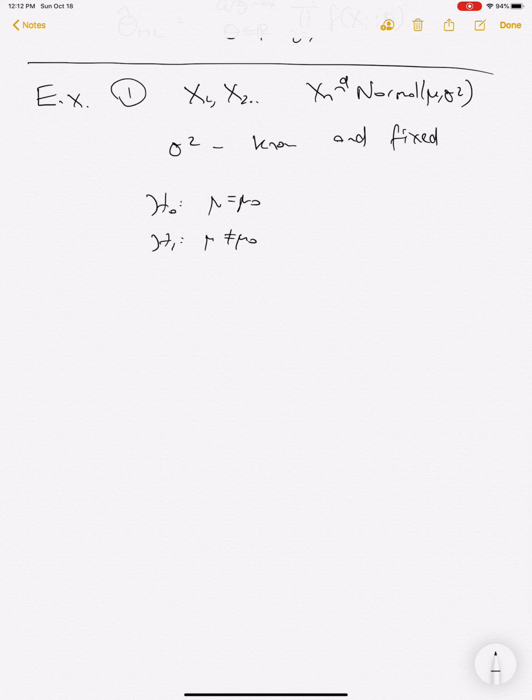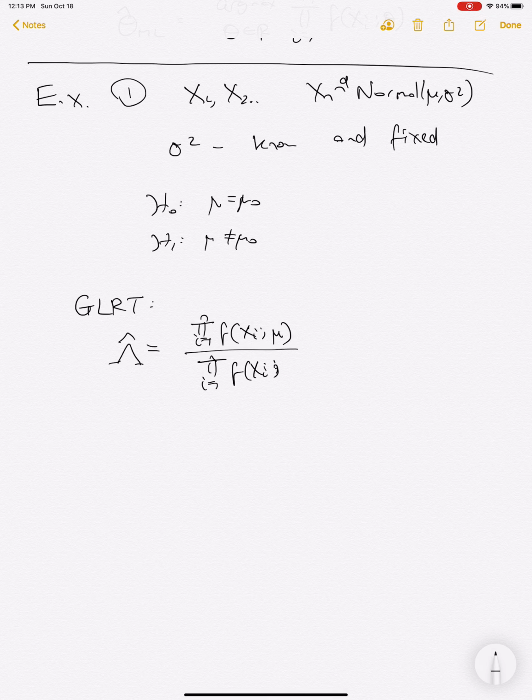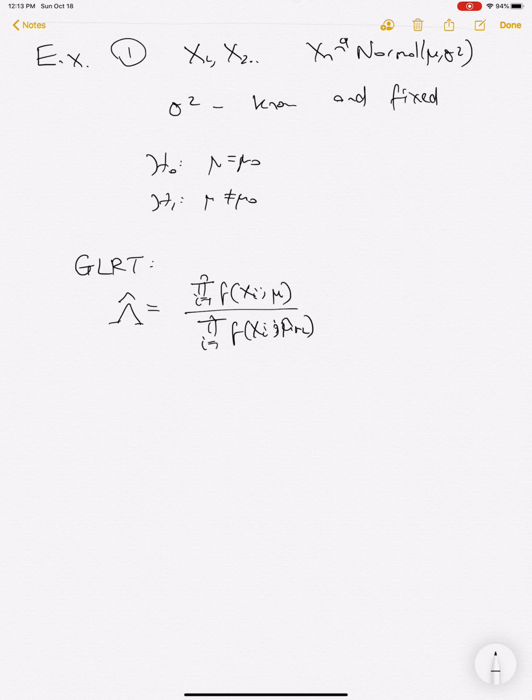Remember that we're deriving this for the case where the composite hypothesis is mu not equal to mu 0. But you can extend a lot of this framework to other settings, and we're going to do that potentially not in this lecture, but in other lectures in the future. So let's look at this setting.